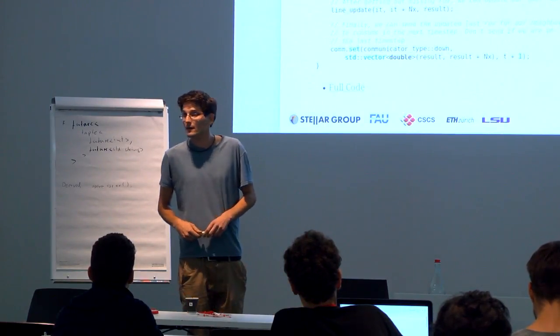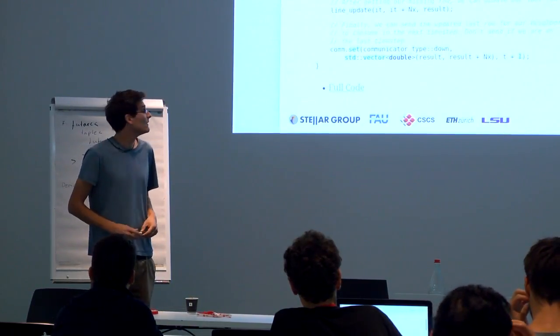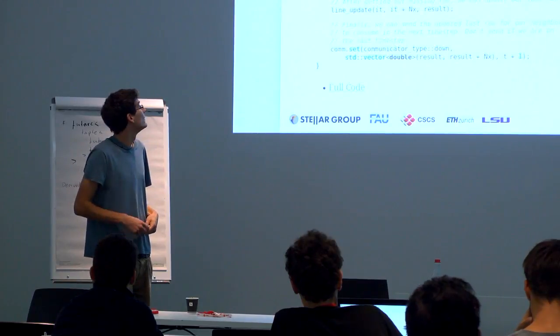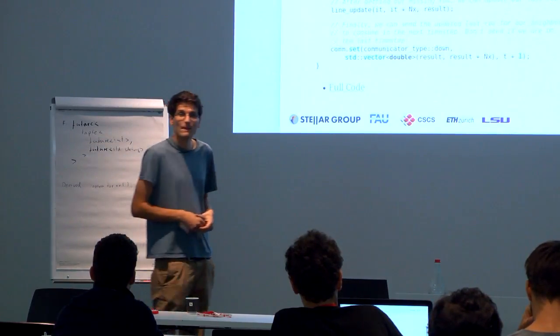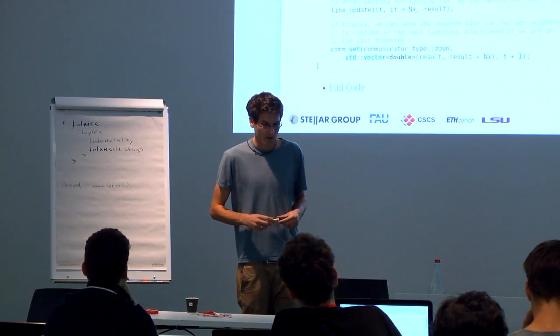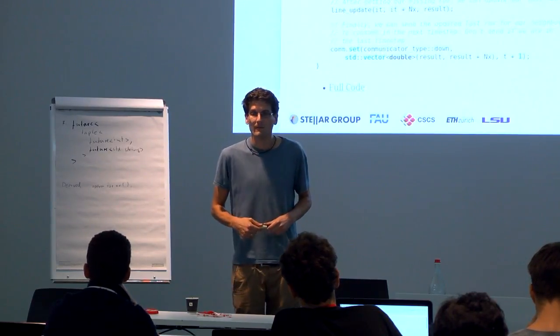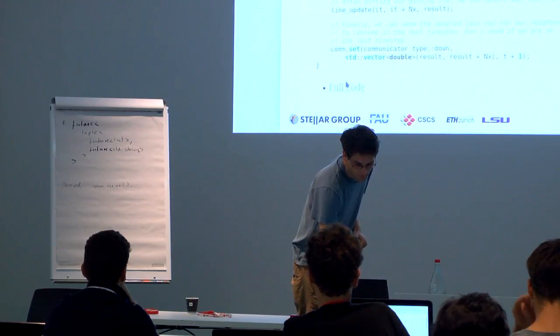That's my attempt to write a fully distributed version of a 2D stencil using higher level abstractions and not dealing with any explicit communication. So again, the full code is linked here.